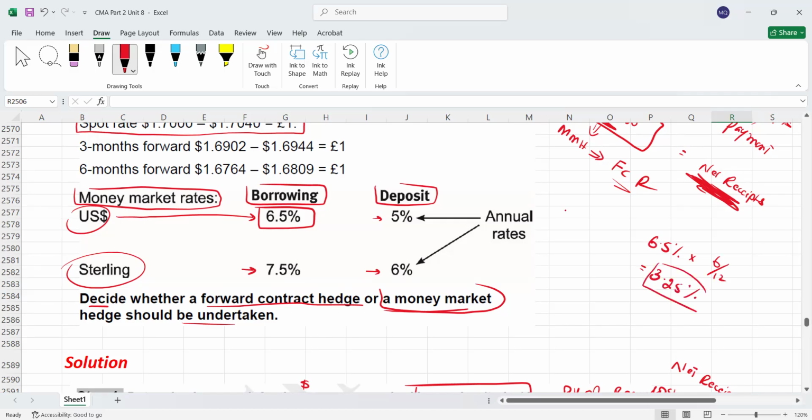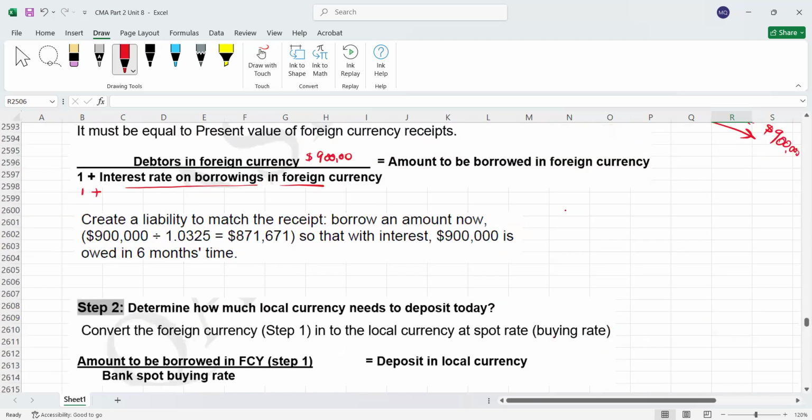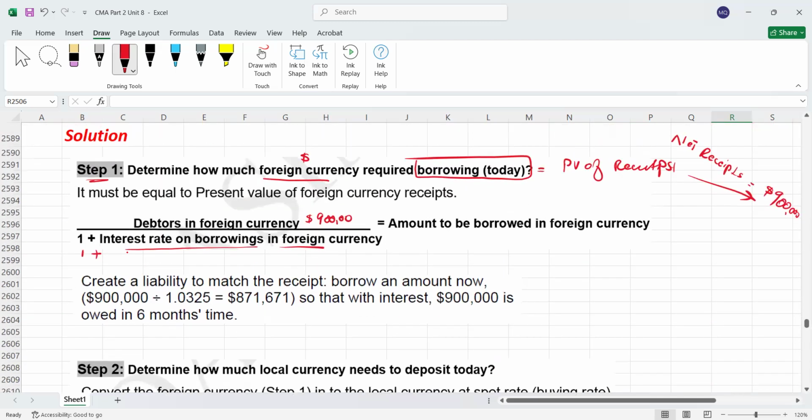So this rate, I'll use it here. So 1 plus 3.25. Because I have to remove the percentage sign also, 3.25% divided by 100. So it will be equal to 0.0325. Okay. If I'm not wrong, right?